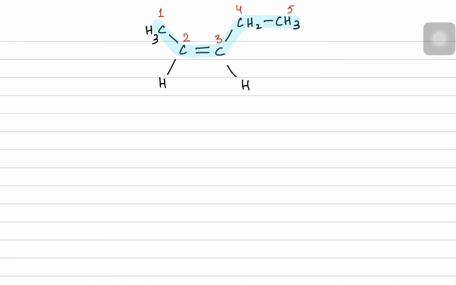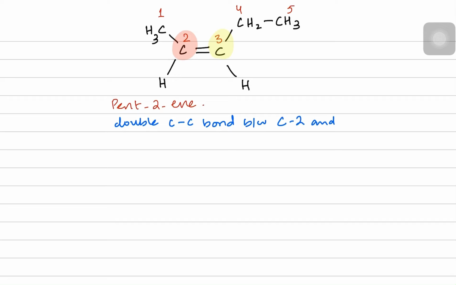There's no branch coming out, so you will name it in a way that pent-2-ene. There's a double carbon-carbon bond between carbon number 2 and carbon number 3.